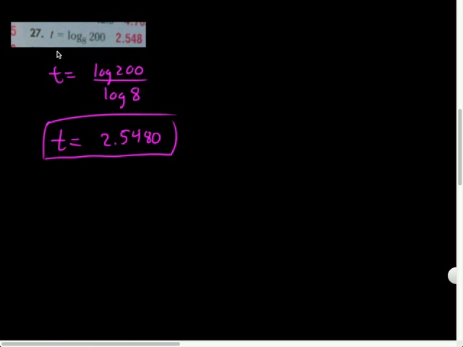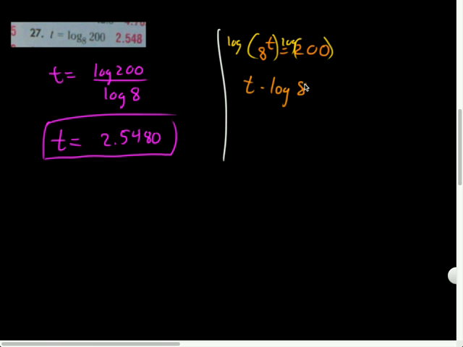I also could have written that in exponential form, where I would have had 8 to the t equals 200, but that's not necessarily all that helpful. I could log both sides, right? I'd have t times log 8 when I pull that t out front, equals log 200.